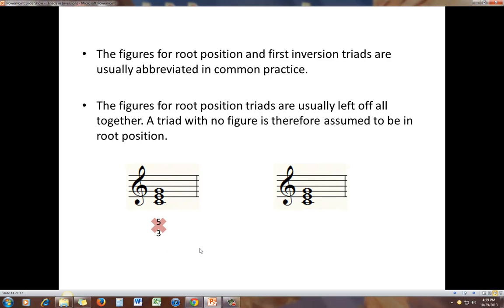The figures for root position and first inversion triads are usually abbreviated in common practice. For a root position triad, both of these figures are usually left off, so when you see a triad with no numerals elaborating the triad, it is assumed to be a root position triad.